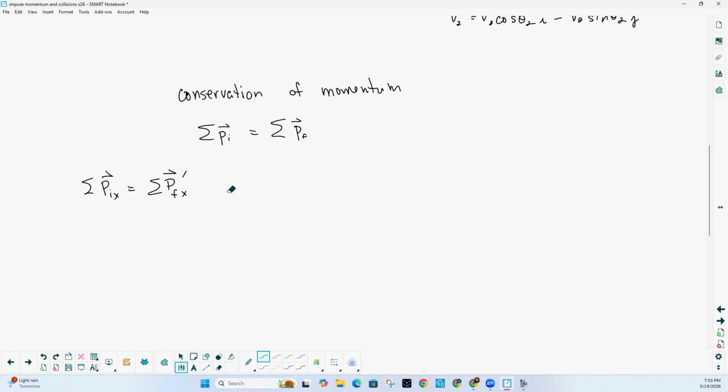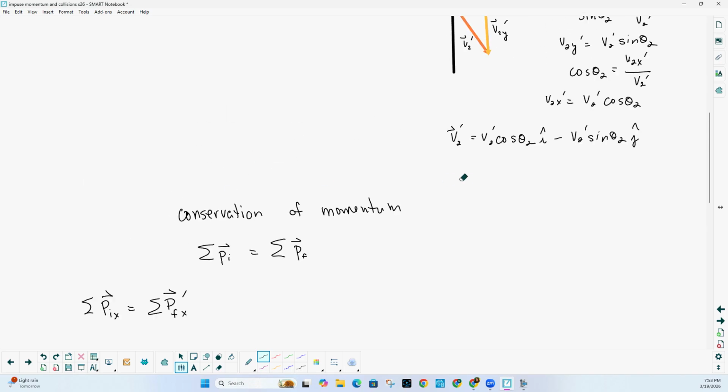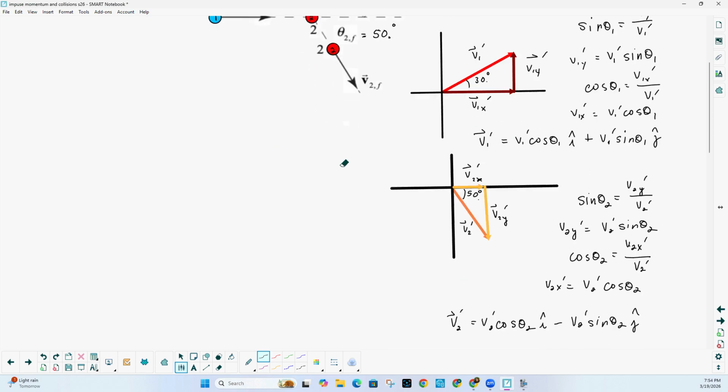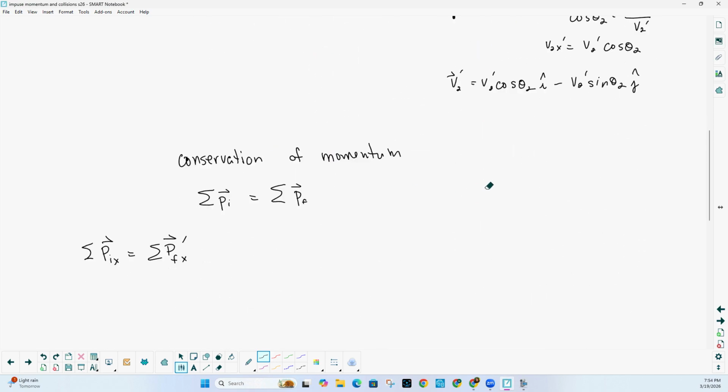Okay, so let's look at what we start with in the x direction. If we look at our picture, we can see that we have the mass of 1 times its velocity. So let's go ahead and write that out.